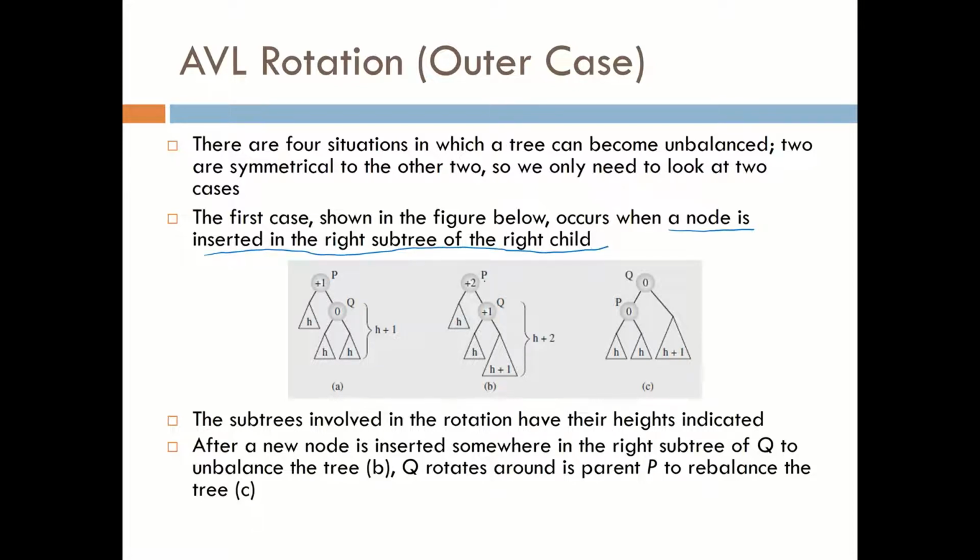In other words, looking at it from the perspective of P, I've added a node to Q, which is P's right child, and I added it in the right subtree of Q. And so it turns out that there is an equal and symmetric case that looks like P and Q here, and I end up adding the node here, okay, rather than here.